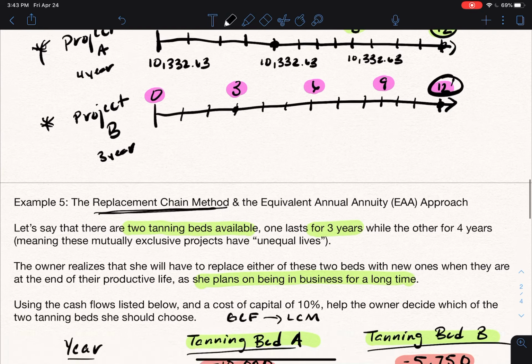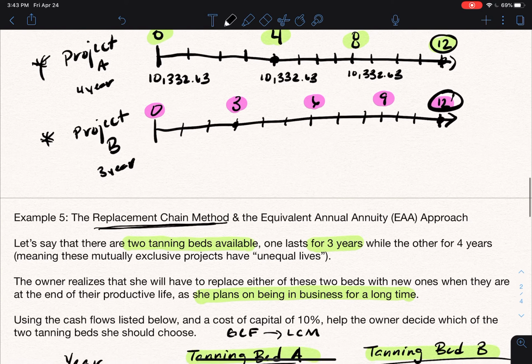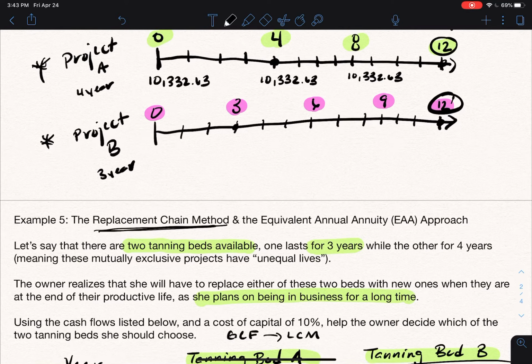With tanning bed B, I know that the net present value is $8,367.21. So I'm going to start at year 0 and say it's $8,367.21. And then after 3 years, if I buy it again, it's going to be the same net present value at that point in time.